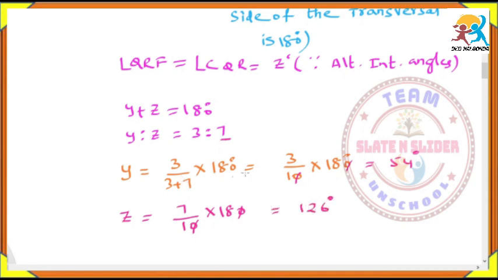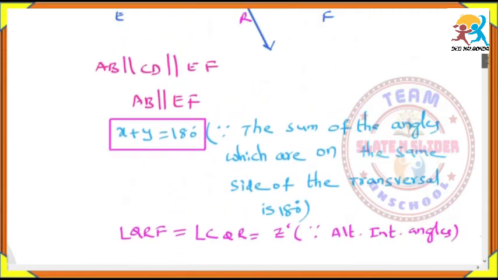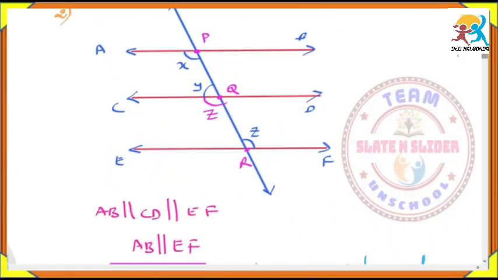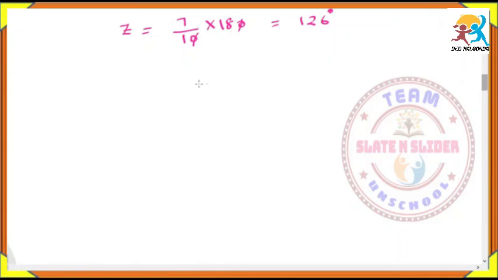So after getting y and z, we can easily find x. Here line AB and line CD are parallel, so these x and y are also on the same side of the transversal, so their sum is 180 degrees. So from that we can write x plus y is equal to 180 degrees, and write the reason.